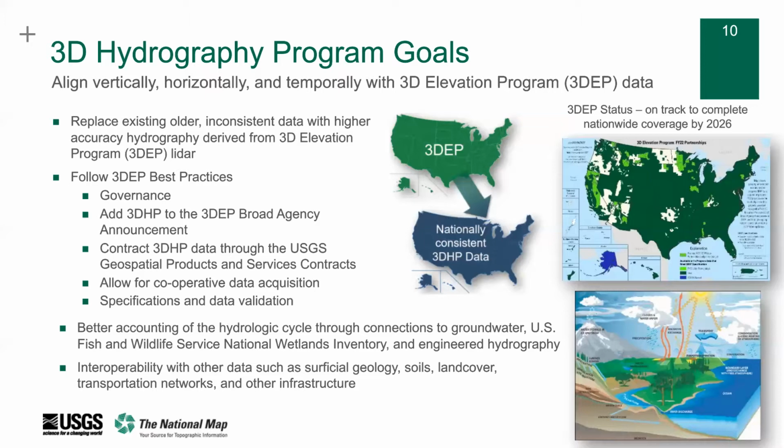It also, frankly, gives an opportunity to really re-envision what we do with the hydrography data and move it from being a surface water data set that was largely derived from cartographic sources into a system that does a much better accounting of the hydrologic cycle, including linkages to groundwater, wetlands, urban hydrography, and those urban deserts that we have. But also provides interoperability with data sets that affect or are affected by surface water, things like soils and land cover and superficial geology.